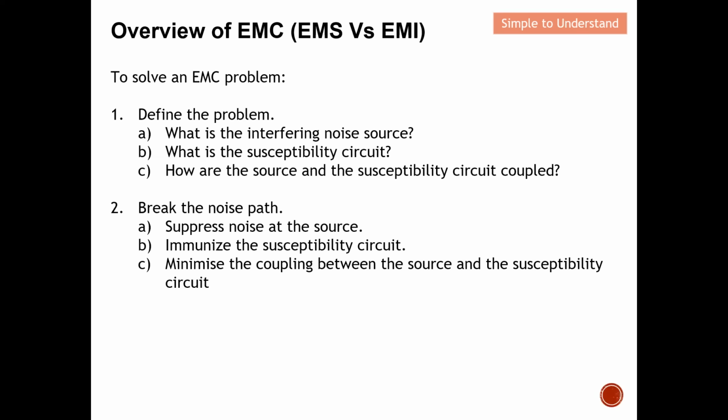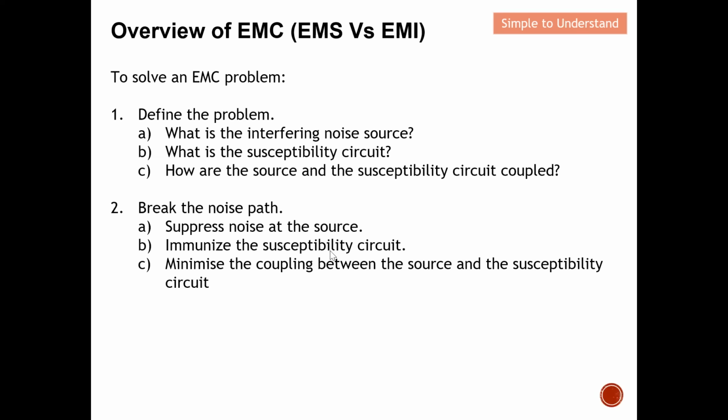I think that will be easier. Another way is to make the victim stronger. Again, this can be very subjective. This is commonly not practiced in EMC. For example, you can buy a stronger subsystem, a stronger design, to make it more robust to the source of the noise.